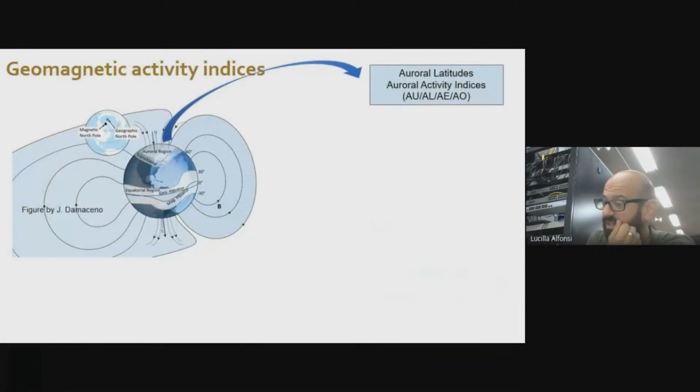How do we define the geomagnetic activity? So how do we realize if a geomagnetic storm is ongoing? We mainly defined three different geomagnetic indices related to different ionospheric regions. At high latitude, we have the AE index, which gives us an idea of how the auroral electrojet has been modified by the geomagnetic storm.